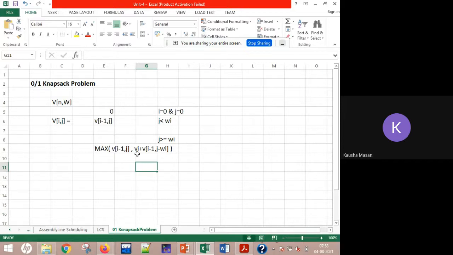Value of the ith item, the item for which we are filling up the table. So V of I is the value, or you can say the cost value, denoted as C of I or V of I. So the cost value of that ith item plus V of I minus 1 comma J minus Wi. These are the formulas that you need to remember for a given table, for finding out V of N, W. This is how we are going to fill the cells.